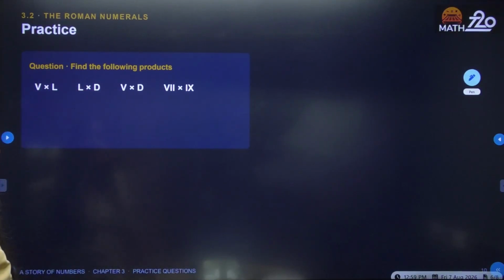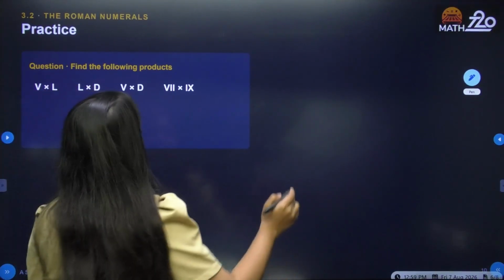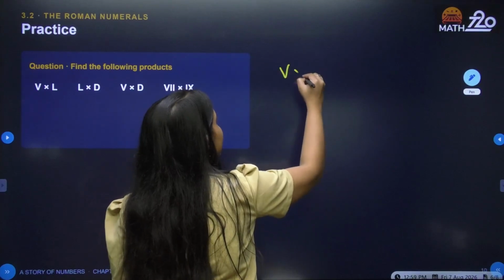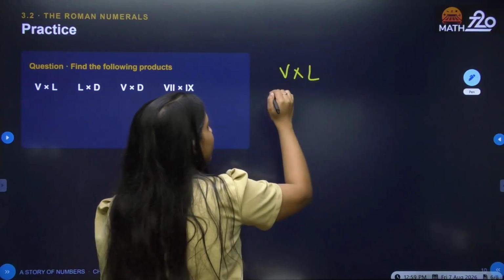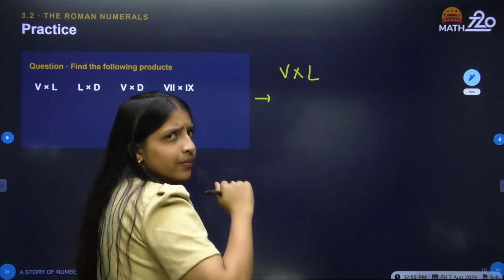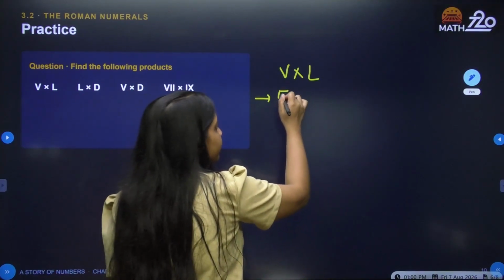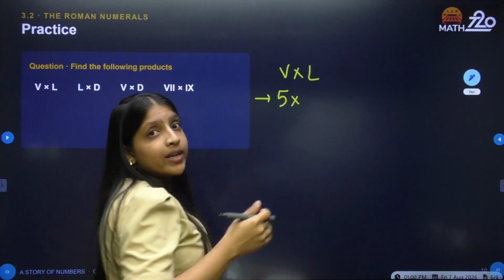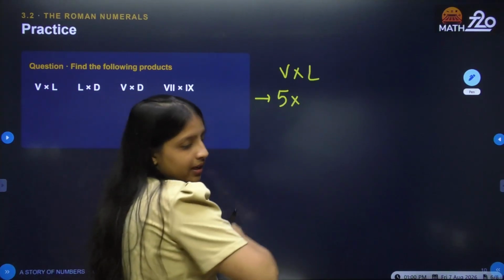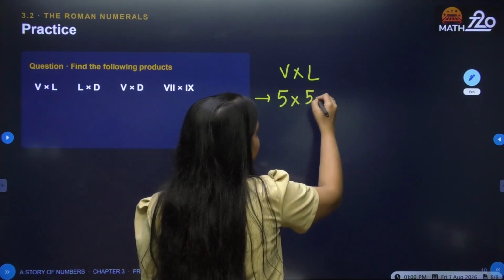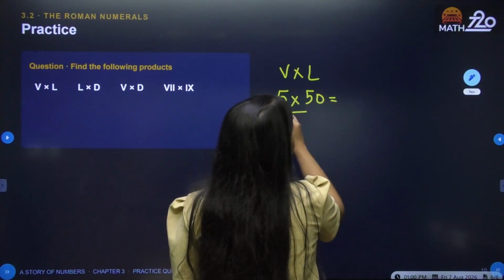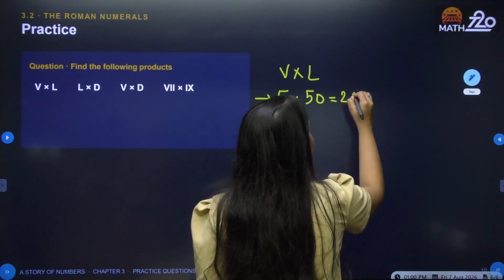You need to find the following products. Okay, first is V into L. Okay, what is V? We can say V is 5. Now what is L? We can say L is 50. The multiplication is 250.